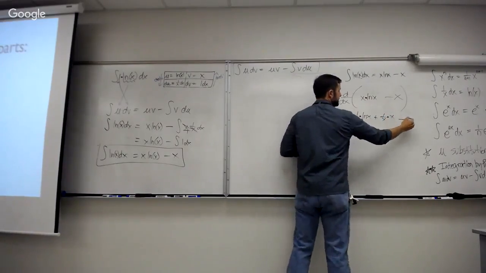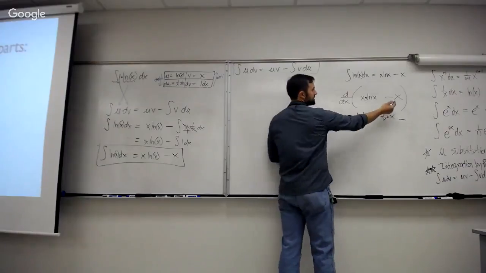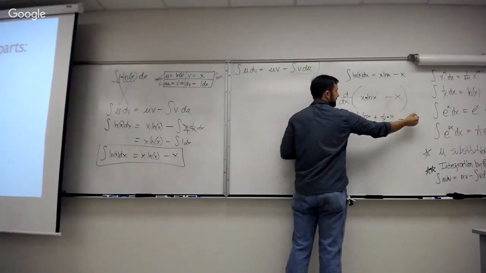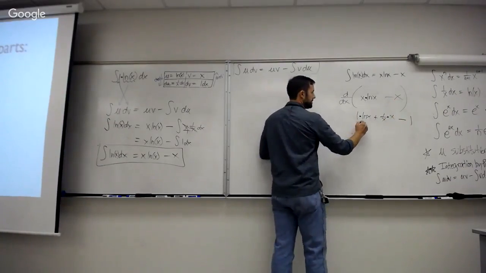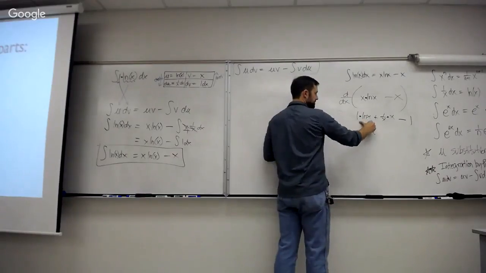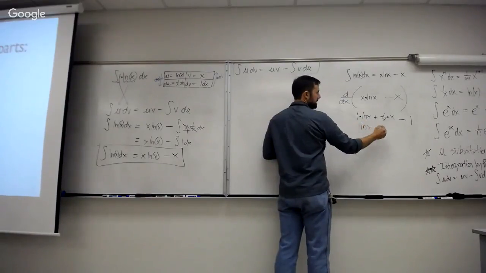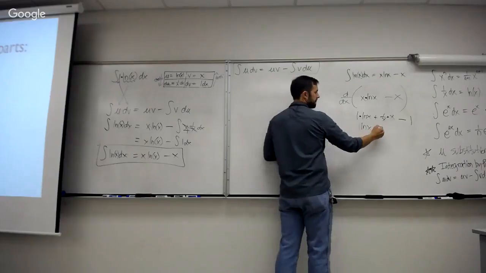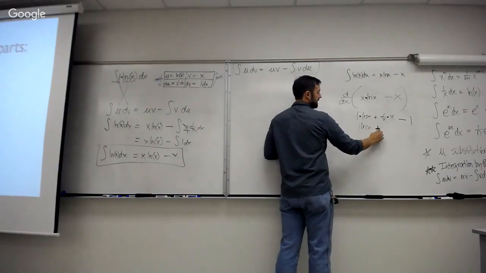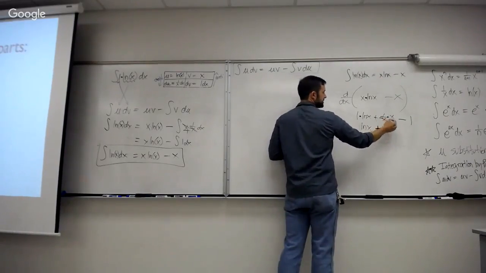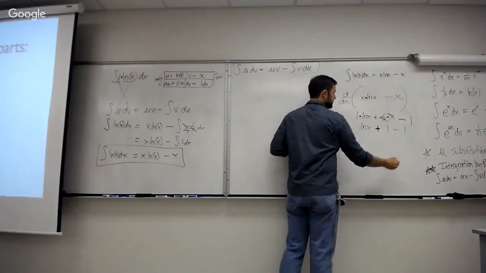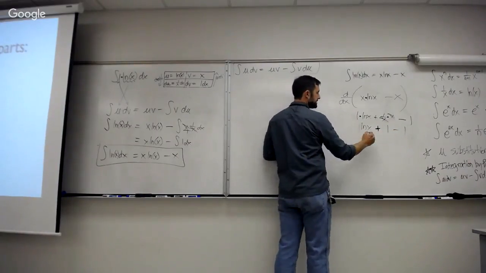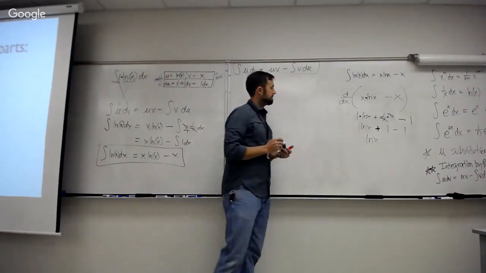That's done with the product rule. So what do we end up with? We have 1 natural log of x plus 1 over x times x. Once again, that's just 1, and then minus 1. So the 1's cancel out, and you're left with natural log of x.